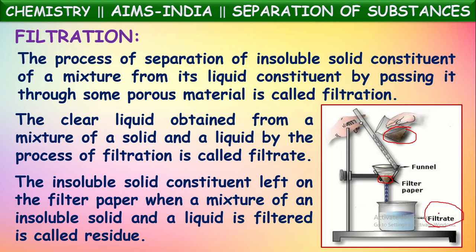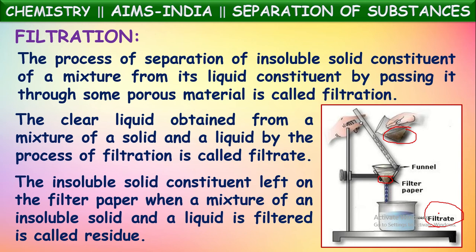Generally, we see the usage of this filtration process in our homes also. What do they do in the preparation of tea or coffee? They filter the decoction. They pass the decoction through a sieve or a cloth which has fine holes.